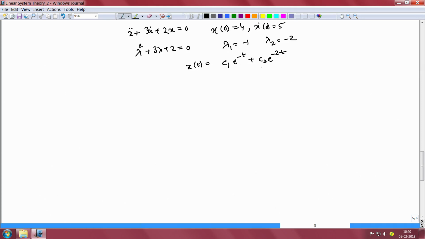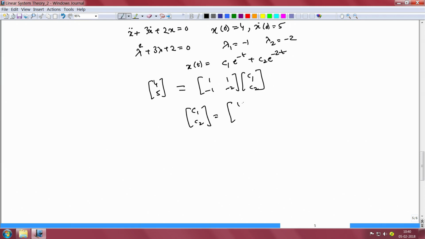To fix the values of c1 and c2 we employ the two initial conditions. If we use the language of van der Monde matrices, then we would have 4 comma 5, which is the vector of initial conditions, equal to the matrix [1 1; minus 1 minus 2] times c1 c2, and therefore c1 c2 is equal to this van der Monde matrix inverse times 4 comma 5, and we find that the C1 C2 vector will be equal to 13 comma minus 9.